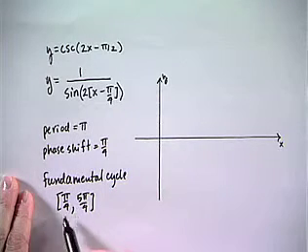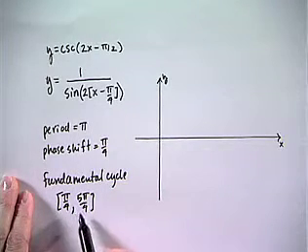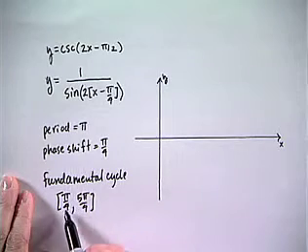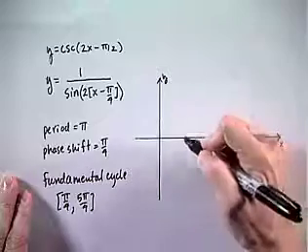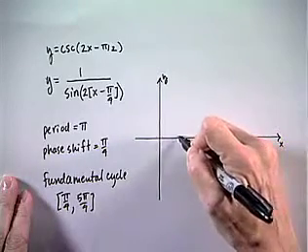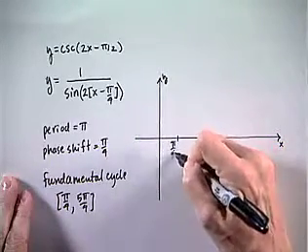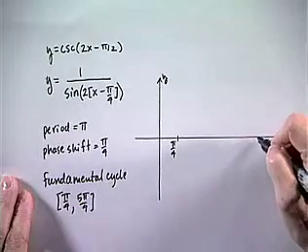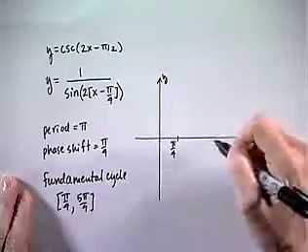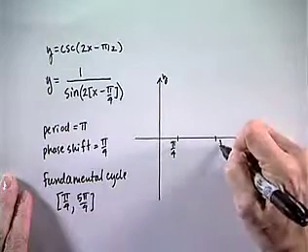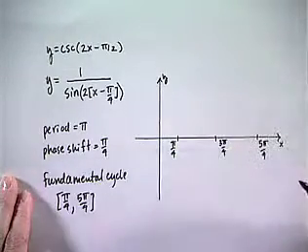Since I only want to draw one cycle, I'm going to draw this particular cycle. I know that it goes from pi over 4 to 5 pi over 4, so let's scale our axis accordingly. Let me put pi over 4 right here, and 5 pi over 4, and the center of those is going to be 3 pi over 4.